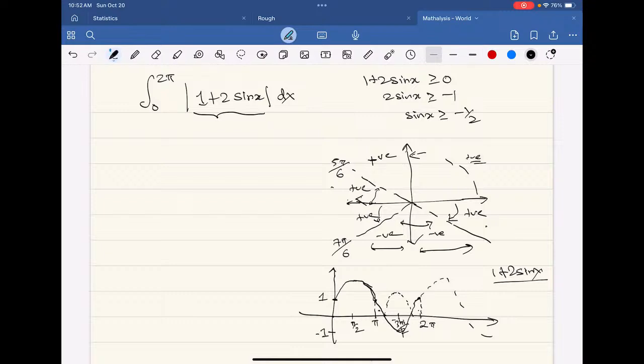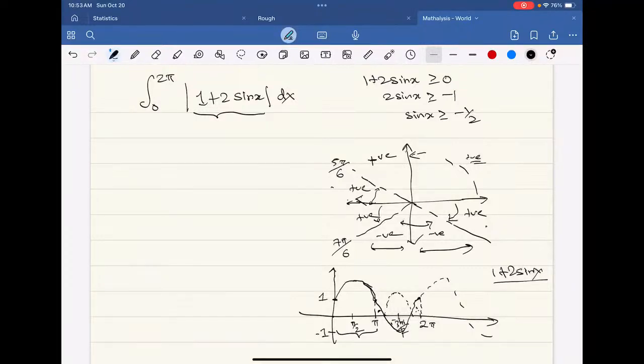Now what I think I should be doing is, first of all, I would find this area from 0 to pi, and then I will find this area twice, and now I will add these two and subtract these two. That should be my strategy, I guess.